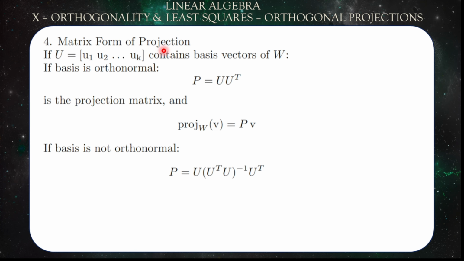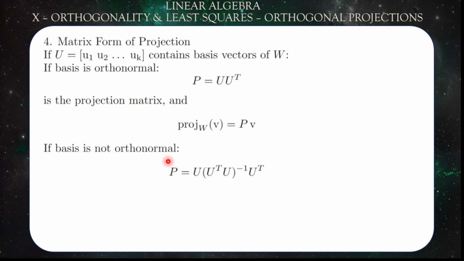Matrix form of projection. Let's say you have U containing u1, u2 all the way to uk, the basis vectors of W. If the basis is orthonormal, then P is equal to U times the transpose of U. P being the projection, the projection of v over W is equal to P v.